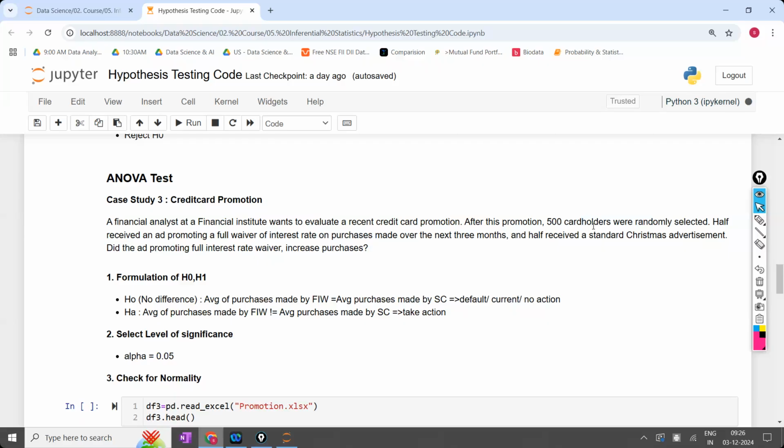Let's take an example. Everyone knows the Great Indian Festival Sale by Amazon. During Dasara time or Diwali time, we get those offers.